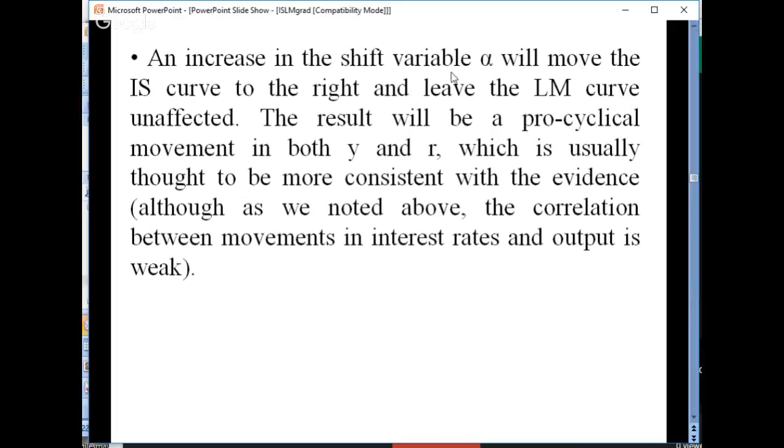An increase in the shift parameter alpha will move the IS curve to the right and leave the LM curve unaffected. Therefore, we'll have a pro-cyclical movement from these animal spirits in both output and the interest rate, which is usually thought to be more consistent with the evidence, although we noted the correlation between interest rates and output is not very strong.